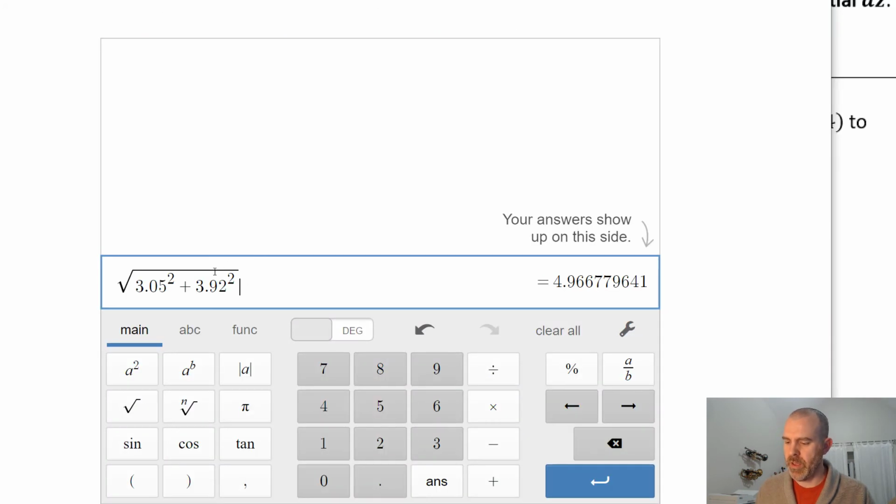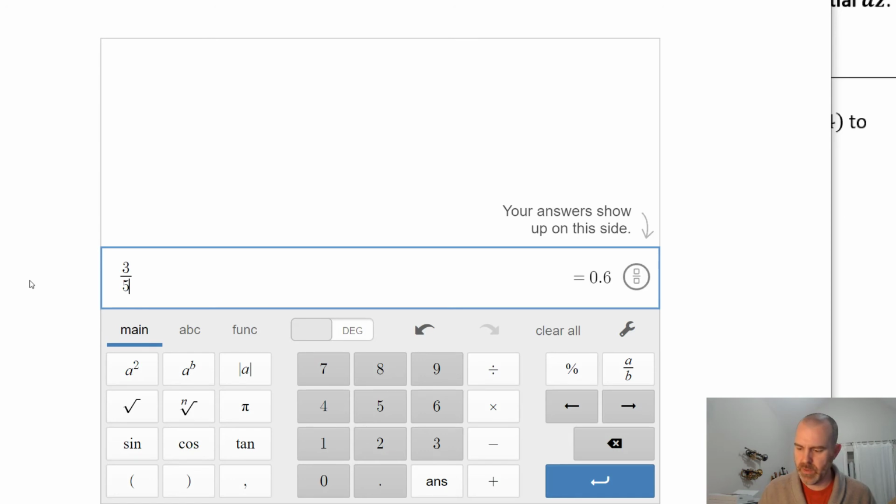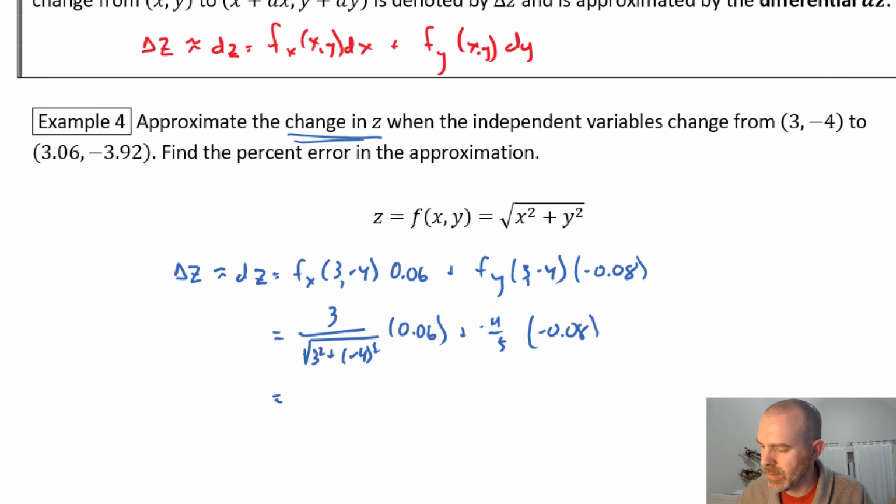We still have that calculator up. Let's see here, 3/5 times 0.06 minus 4/5 times... oh, it's not -0.08. It is positive, because we went from -4 to -3.92.